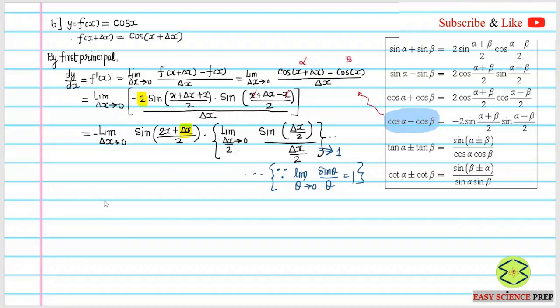So what is your derivative now? dy by dx, or f dash of x, would be simply, this will be cancelled out, so we will get minus sine x. So derivative of cos x is minus sine x. This is the result of the derivative of cos of x.